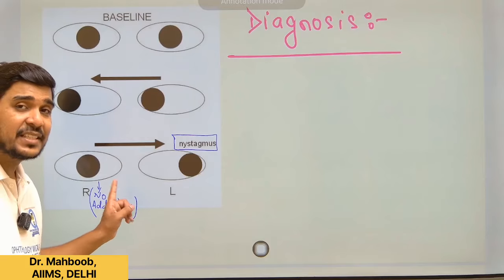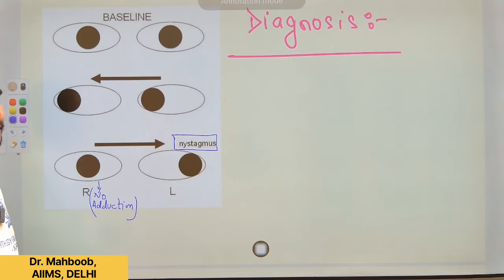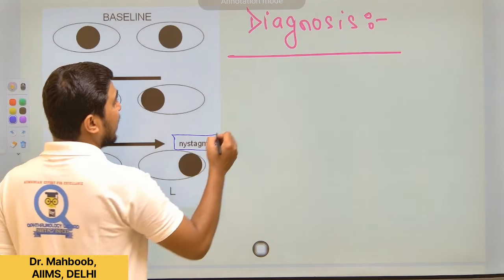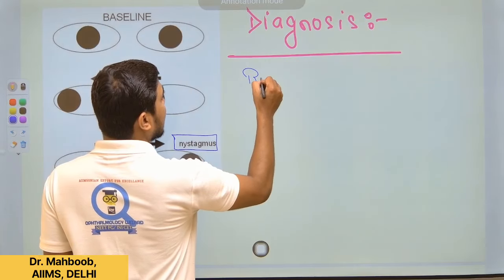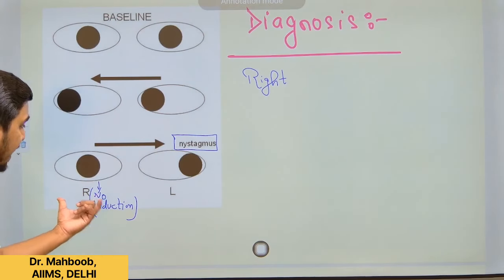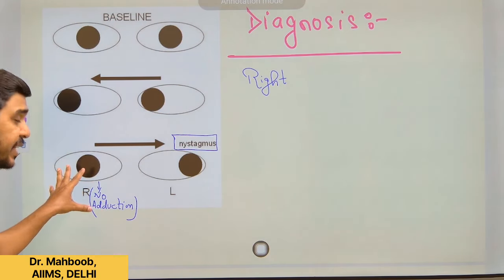When such a thing is cropping up, that means there is some lesion somewhere. Where is that lesion? It is on the right, because adduction is not happening on the right side.